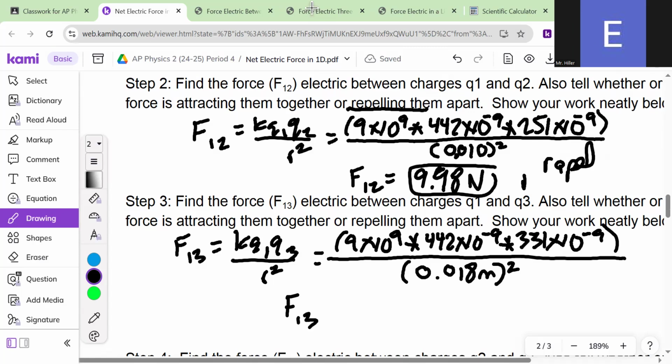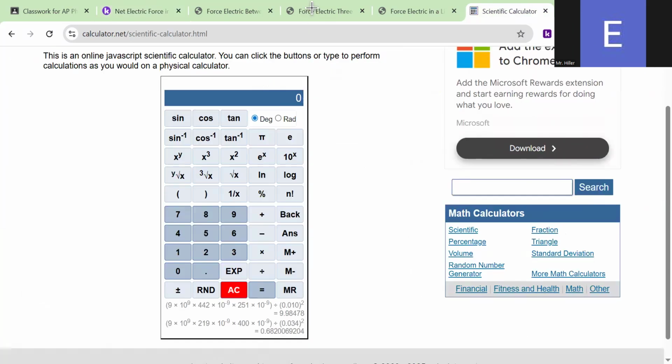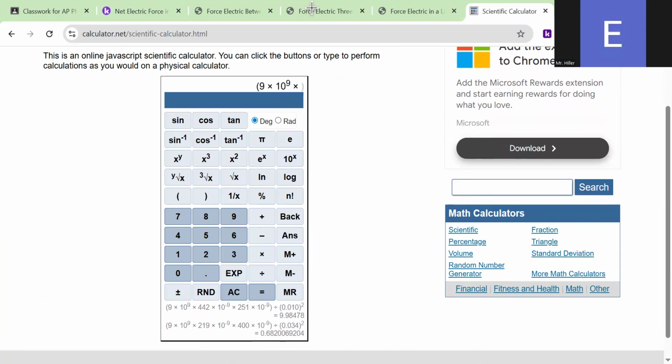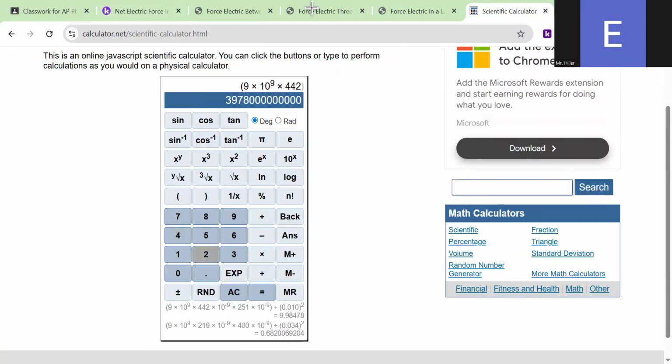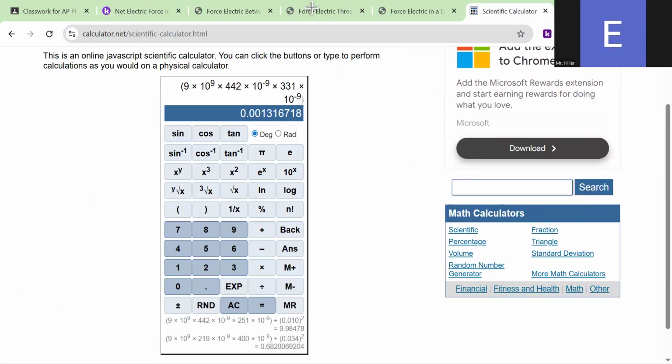Since they are both positive charges, they will be repelling as well. But let's figure out the magnitude of the force. Open parentheses, 9E9 times 442E negative 9 times 331E negative 9.